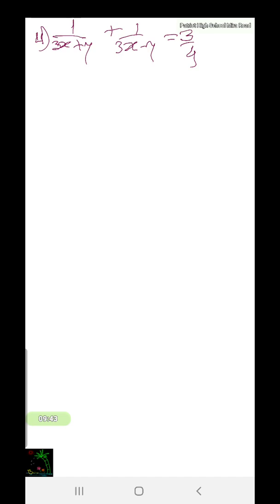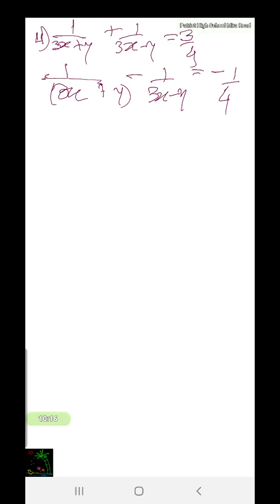And the second equation is, multiplying the second equation by 2, we have 1 upon 3x plus y minus 1 upon 3x minus y is equal to minus 1 upon 4.